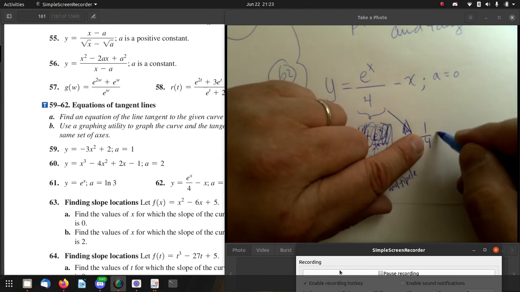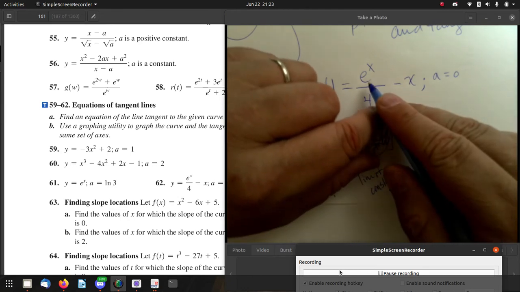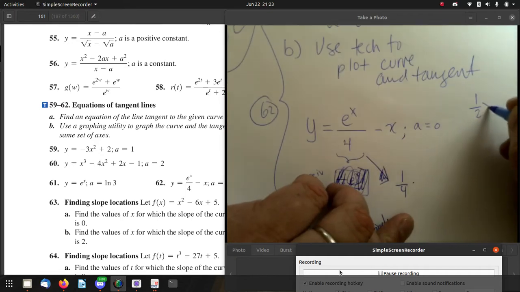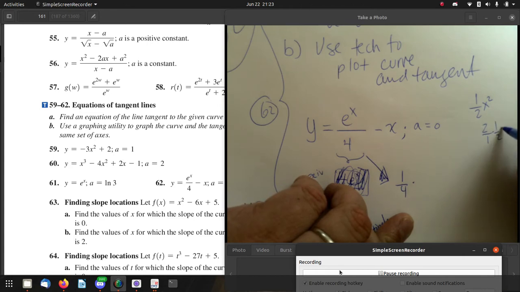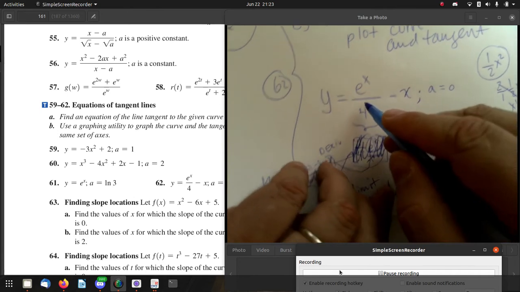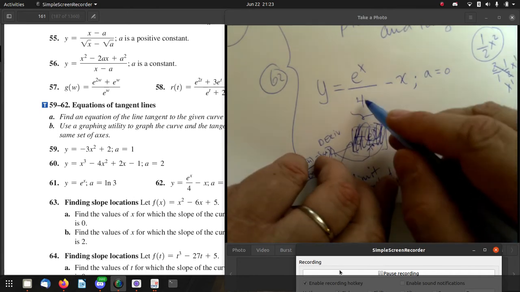So the constant stays there, and I didn't talk about it with polynomials because students don't tend to get confused on that. When we had things like this, I just multiplied it, and so on. Students don't seem to get confused there, but they get wonky about the 1/4 on the e to the x.